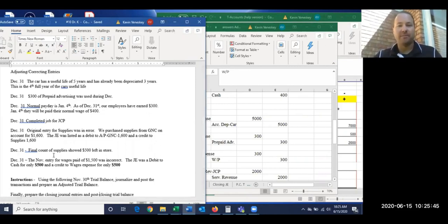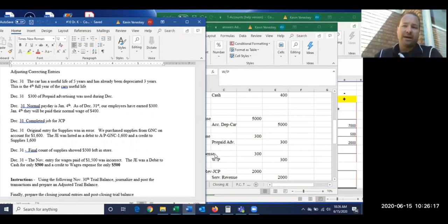You undo the wrong piece, and simply to undo it, you just reverse whatever the wrong piece was. So if the wrong item had a debit to cash for $1,000, then we would simply credit cash for $1,000, and that would null out that $1,000 cash entry. So we're going to do that, and then the second step is to just do it the correct way. Do whatever the journal entry should have been.